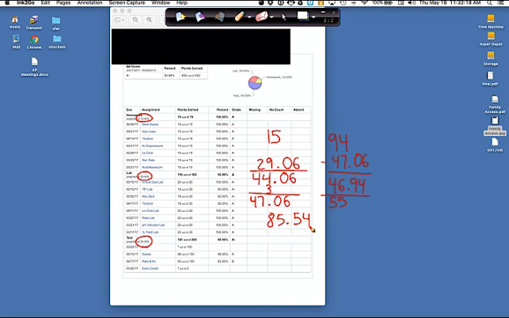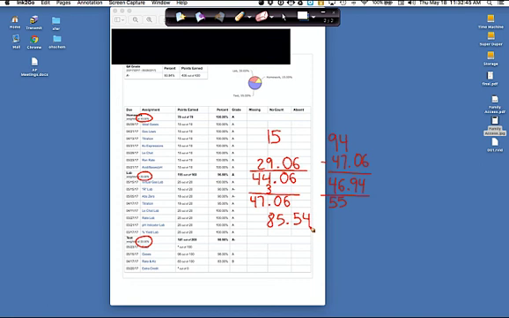So she needs an 85% test average to get an A in the class. Not yet. The number of points she needs, 46.94, divided by 55, which is the number of points possible. Okay, so now guys, we know that she needs an 85% test average. So she needs 85% of the test points.